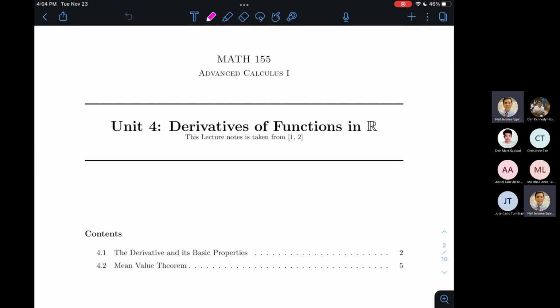So in this unit, we will just go over some of the properties, siguro yung mga mabibigat na properties involving derivatives, and we look at the proofs of the properties na hindi natin pinrove from elementary calculus. So siguro dadaanan lang natin ano yung proof ng sum and difference rule, ng product rule, ng quotient rule, but we will focus more on the mean value theorem, Rolle's theorem, Fermat's theorem.